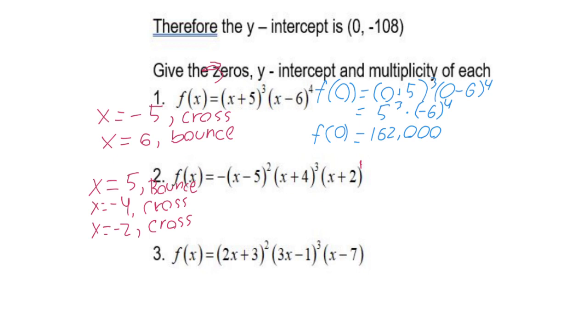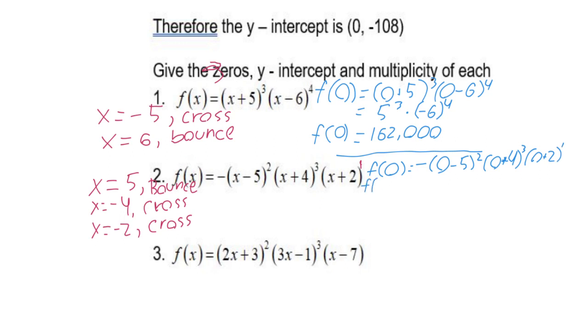Now we find our f of 0. Let's break this up from the previous problem. We have f of 0 is equal to negative, because we have a negative out front in our equation, 0 minus 5 squared times 0 plus 4 to the third power times 0 plus 2 to the first power.